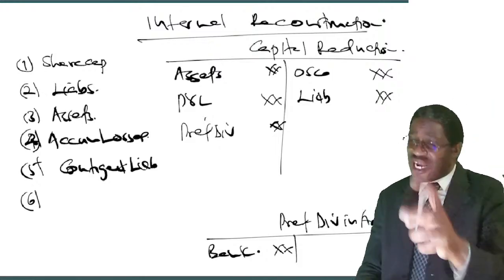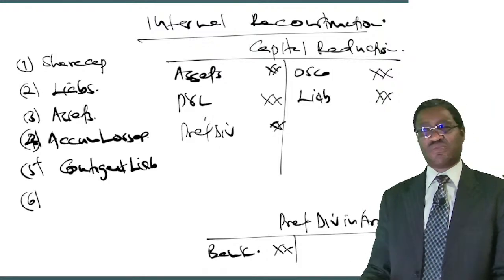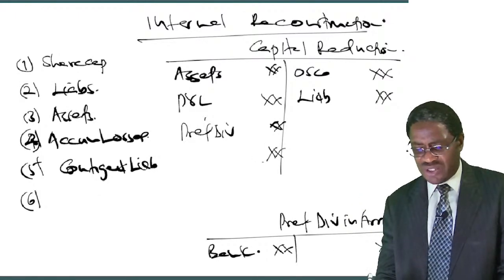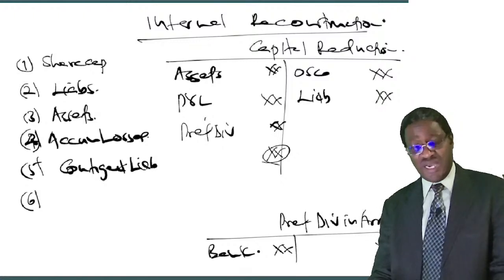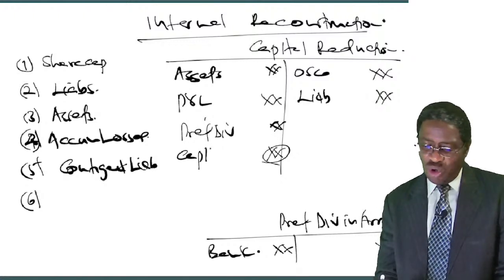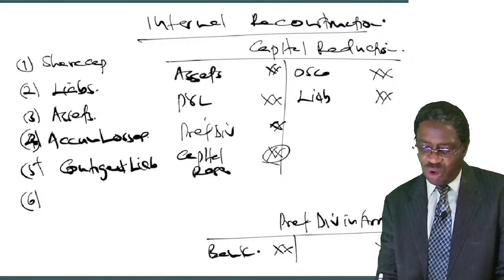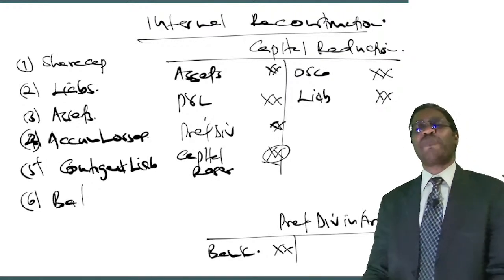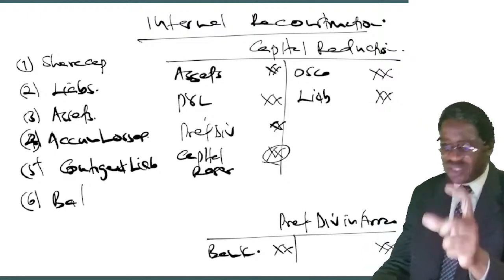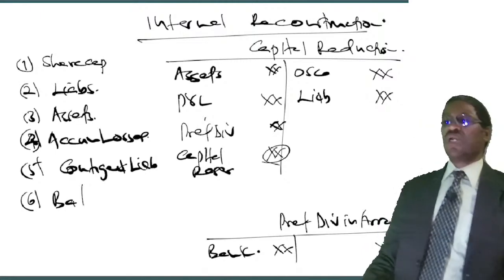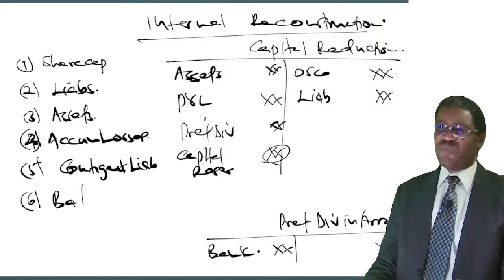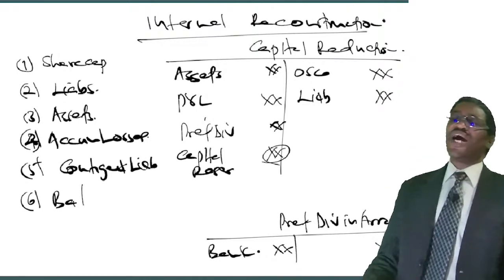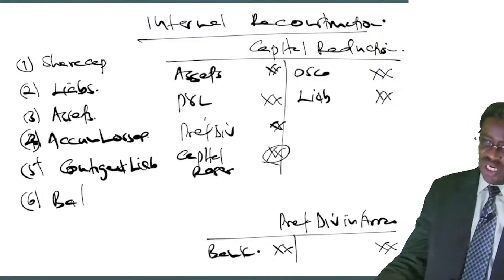But if it does not balance, if there is a balance, then most of the time it's on the debit side, and therefore we said you call it a capital reserve. So with the balance in the capital reduction account being a capital reserve, you debit capital reduction and you credit capital reserve.